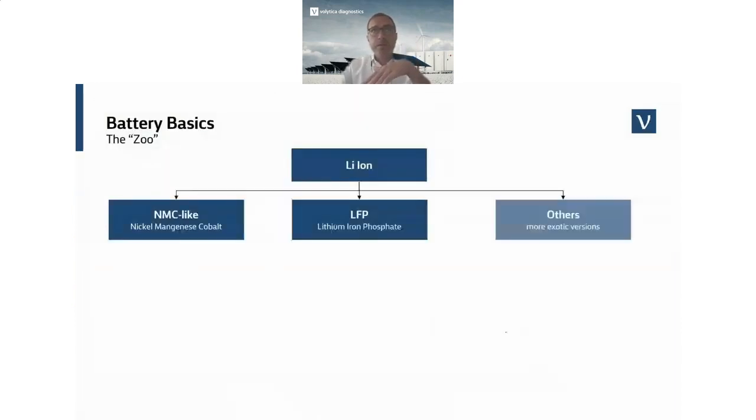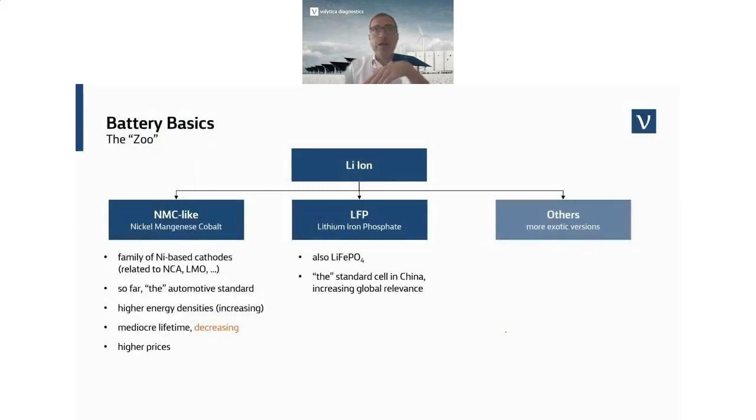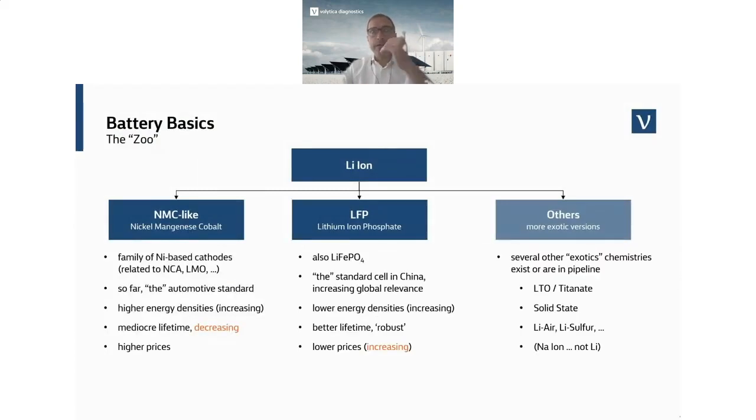When we speak about lithium-ion technology, there are in our world 3 main types. There's NMC-like, nickel, manganese, cobalt, and there's LFP, lithium iron phosphate, with kind of a renaissance in the last years. And then there are also exotic animals in the zoo, like LTO, titanate, solid state, and whatnot, sodium, iron.